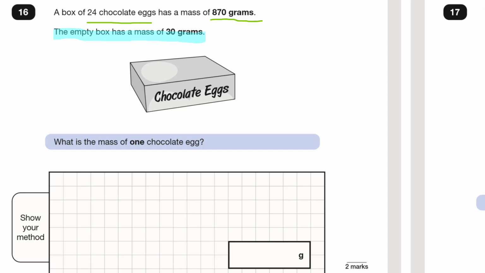So if we started out with the whole box was 870 grams. However, if we took the box away, take away 30, that gives us 840 grams. 840 is the eggs, that's the 24 eggs, okay? Because the box is 30 grams.